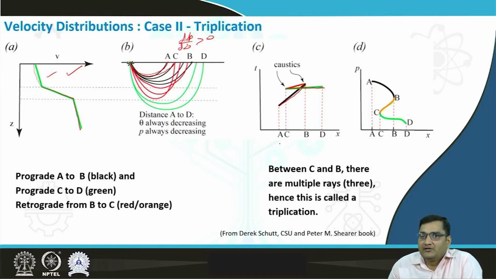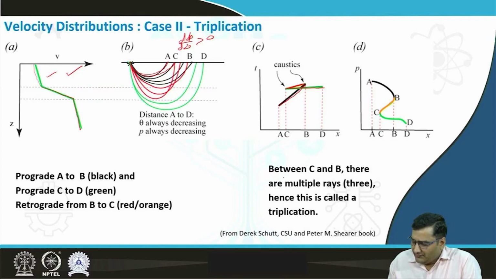That means at those two points B and C, the value of dp by d delta is going to be infinity, because at those points the rays will be concentrated and will show very large amplitude. In theory, those points should have infinite amplitude, but in reality they just have larger amplitude.